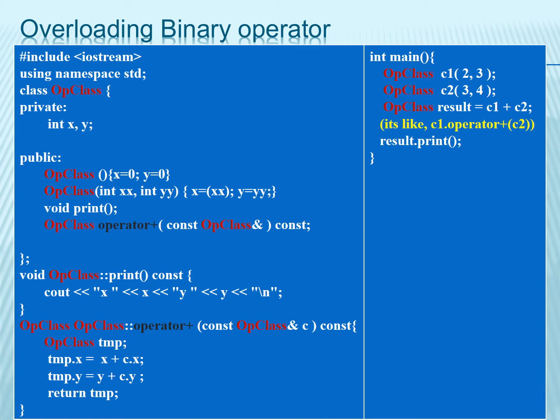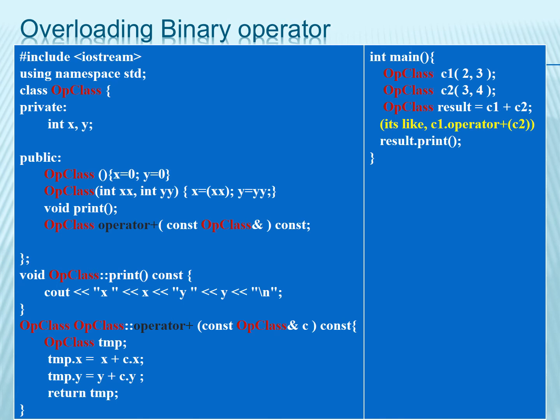From the main, we call this operator plus function not as a regular function call, but with the operator. When you specify C1 plus C2, the compiler automatically recognizes it as the overloaded operator plus function and calls the function operator plus in OP class with the argument C2, and the operator plus call belongs to the object C1.